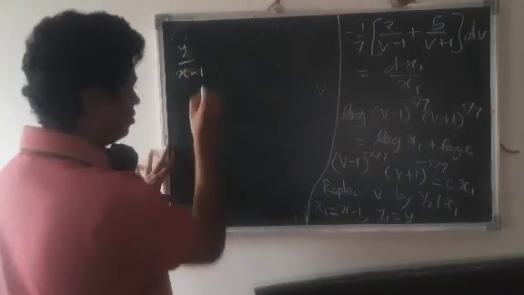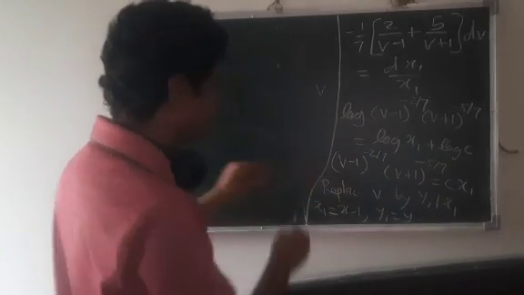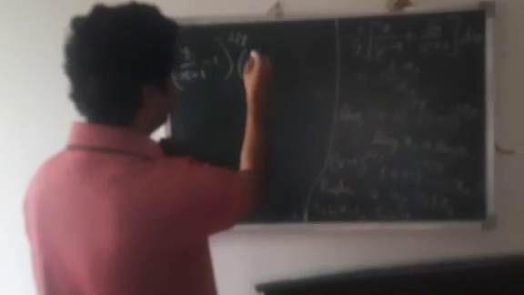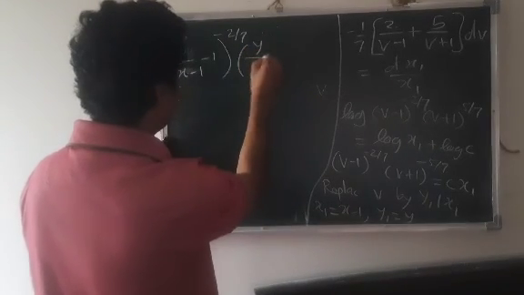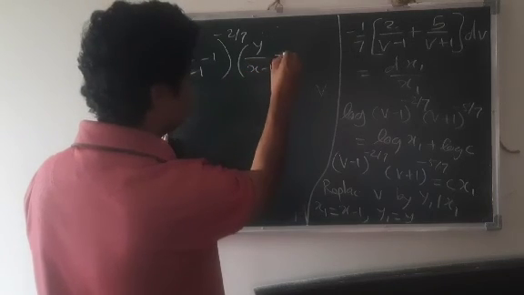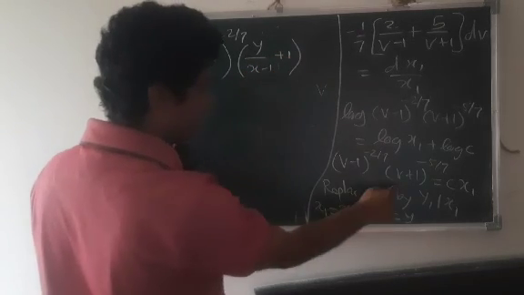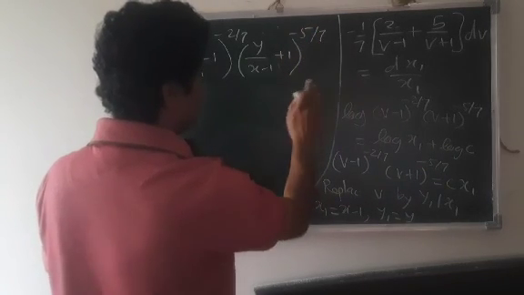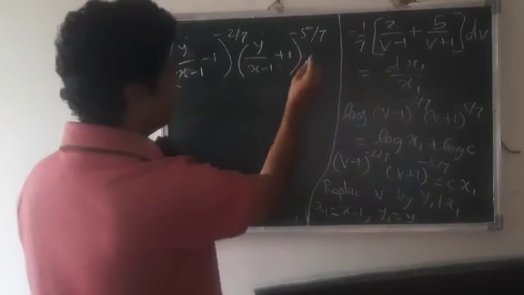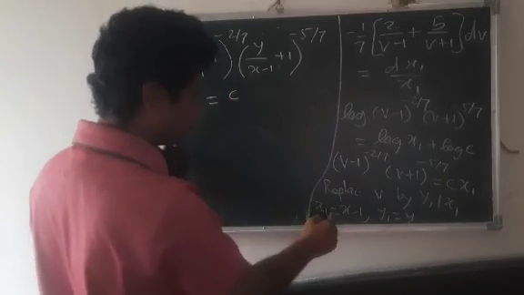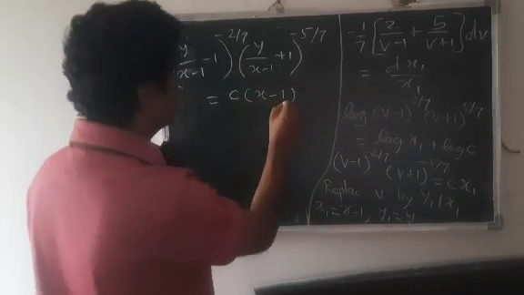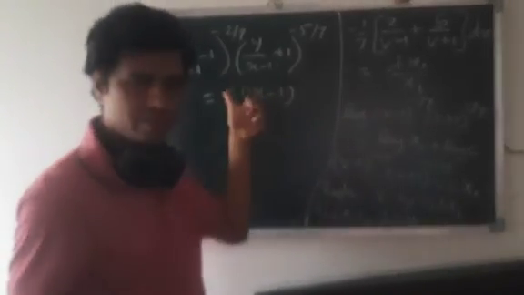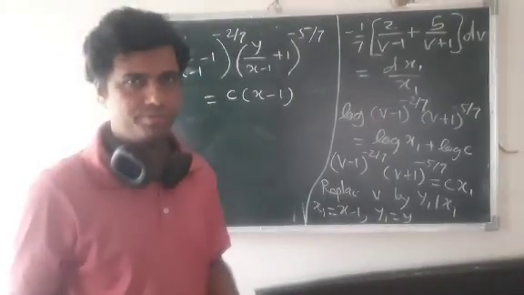So (y by (x minus 1) minus 1) raised to minus 2 by 7 into (y divided by (x minus 1) plus 1) raised to minus 5 by 7 is equal to c into x1, that is c into (x minus 1). Okay, so this is the required solution. Thank you.